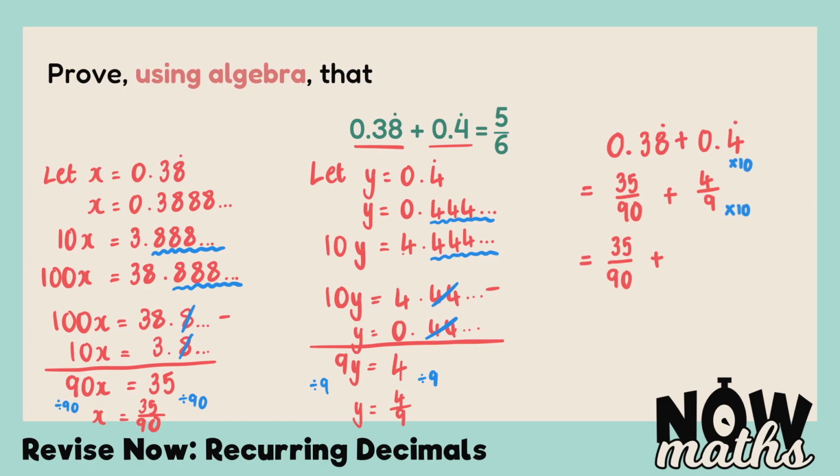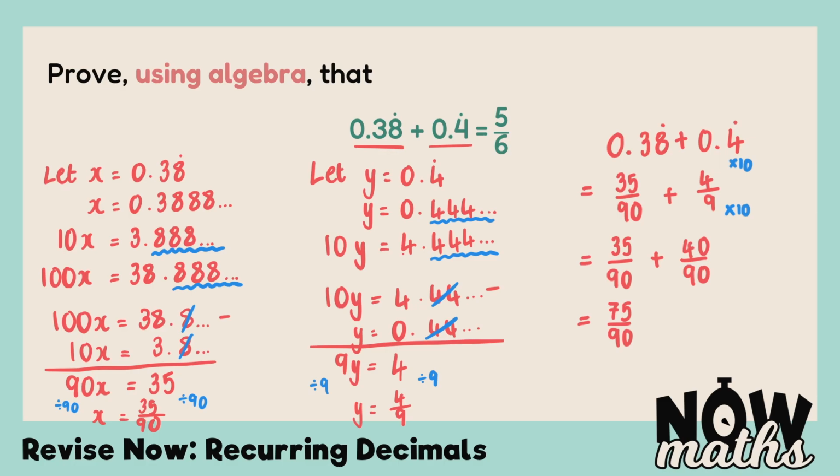So 4/9 is equivalent to 40/90ths. Now that both fractions are in 90ths, we're going to add them together. So 35 add 40 is 75. And so when we add the fractions together, we get 75/90ths.